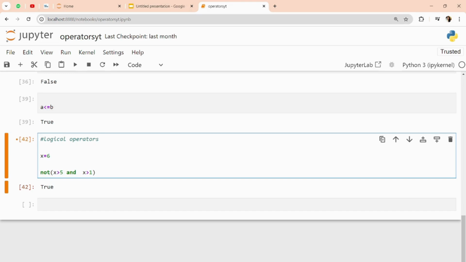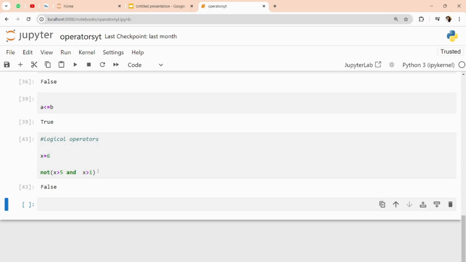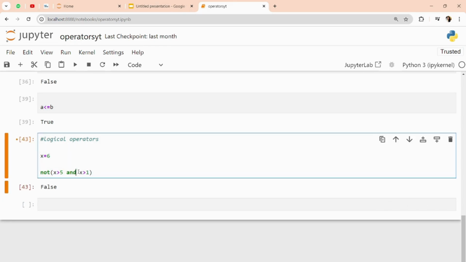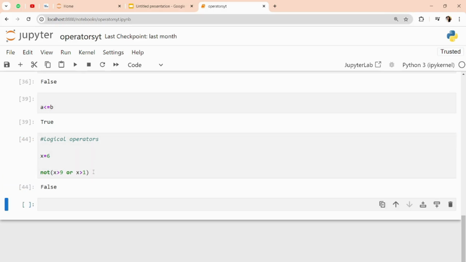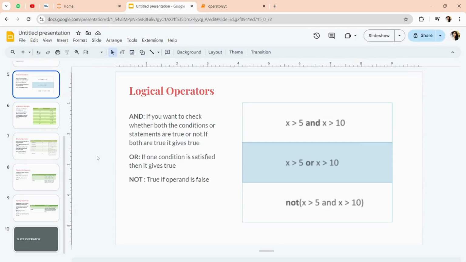So till this part it will be true, but as we have given not, it will give you false. And if I keep OR here and change the same thing like this, the answer will actually be true, as we have already seen. But if we give not, it will be shown as false. So these are the logical operators. Let's move to the next operator.